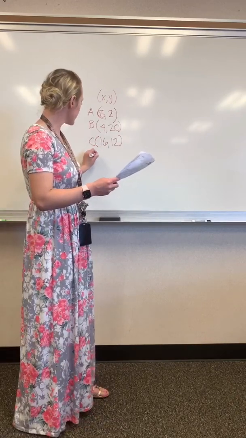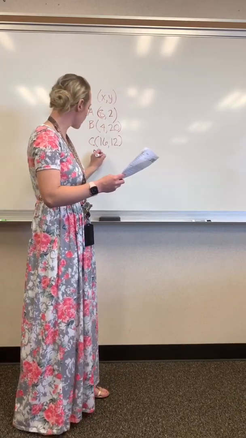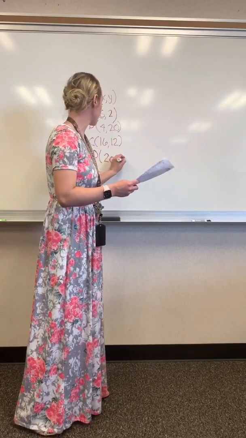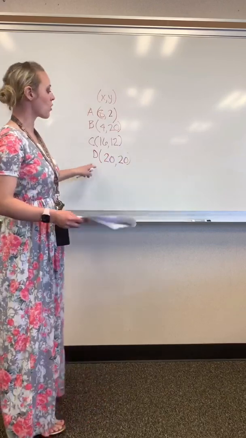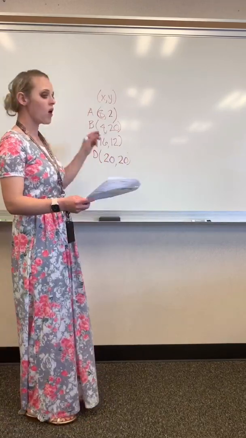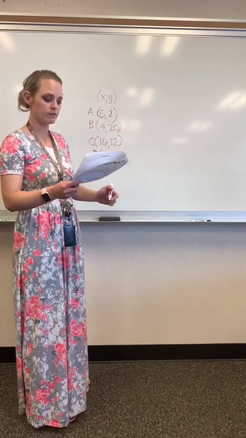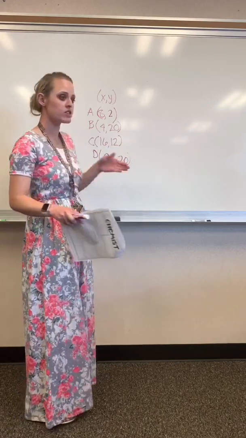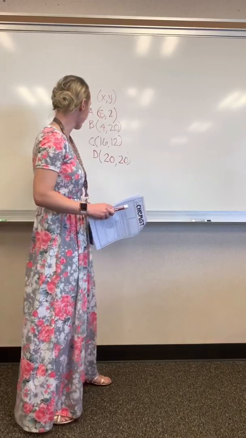And then for D, we had to go over 20 and up 20. So those are our ordered pairs for all of our points on our graph. Okay? So remember, X goes first, horizontal, and then vertical.